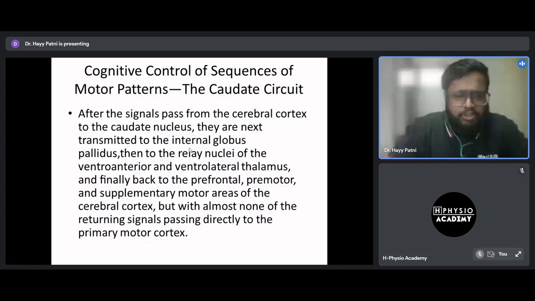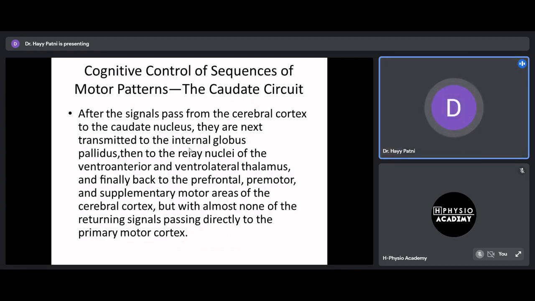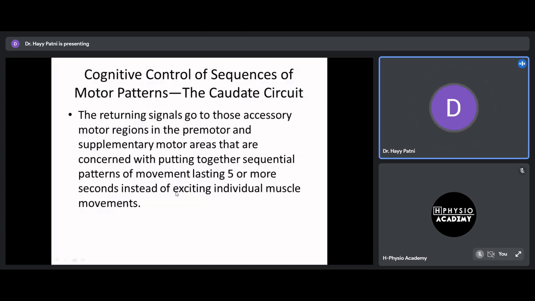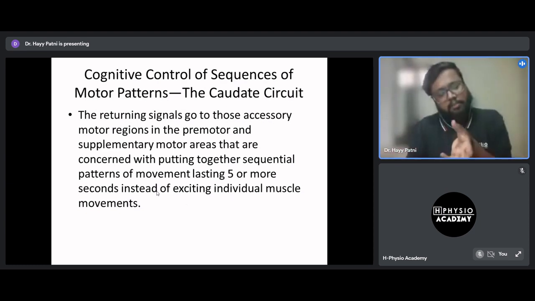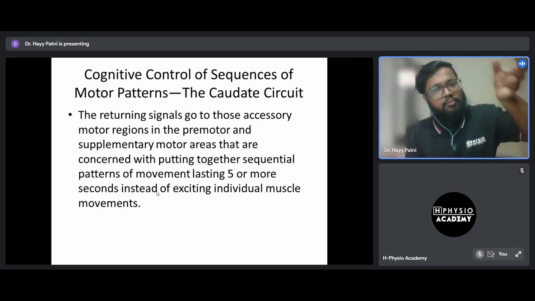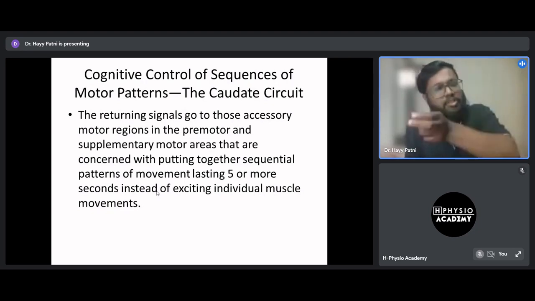Going back, the signals go to the accessory motor regions in the premotor and supplemental motor areas, which are concerned with putting together sequential patterns of movement lasting five or more seconds instead of exciting individual muscle movements. The sequence of a pattern is also heavily important, because the caudate will be pushing out blocks of information on how a pattern will be generated.